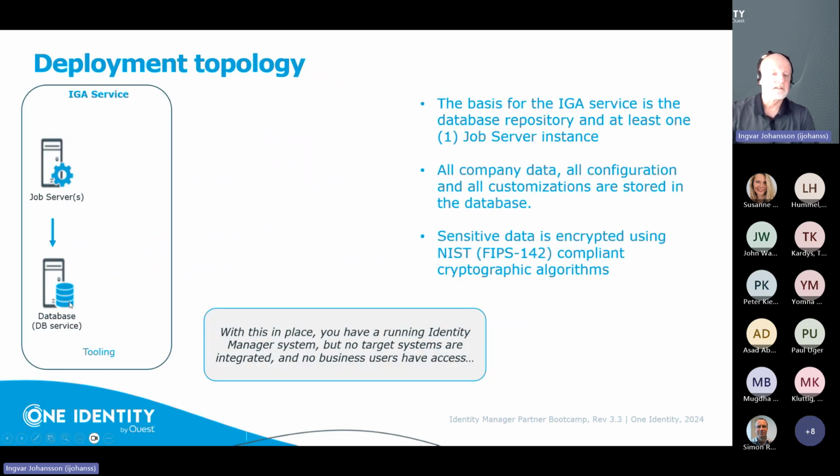Whether it's a SQL Server that you have installed, or a database hotel, or the DB service in Azure or the DB service inside AWS, it doesn't really matter. You have the database and the job server deployed, and obviously you also install the Identity Manager application, because that will set up the database structure inside the database.